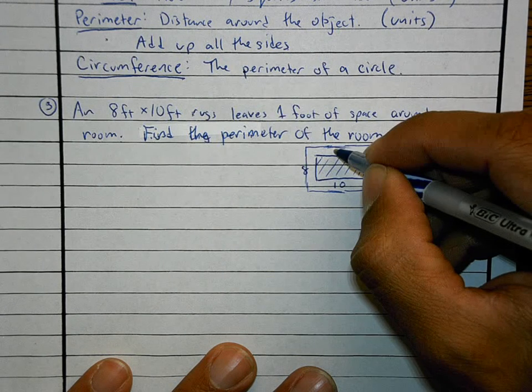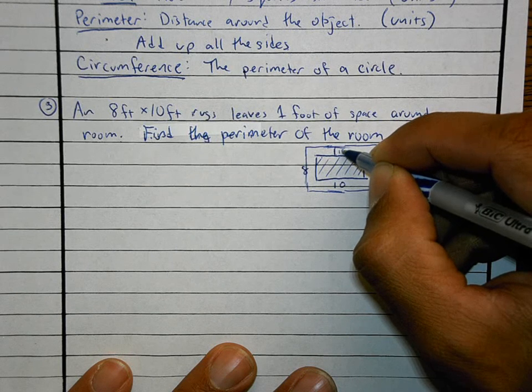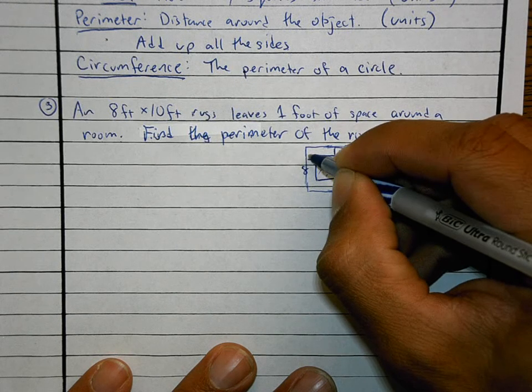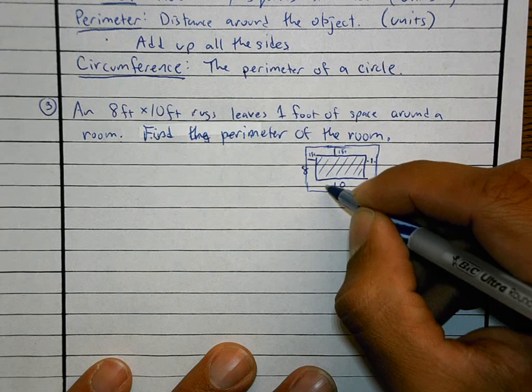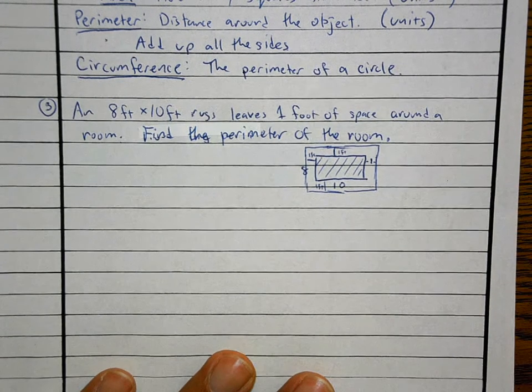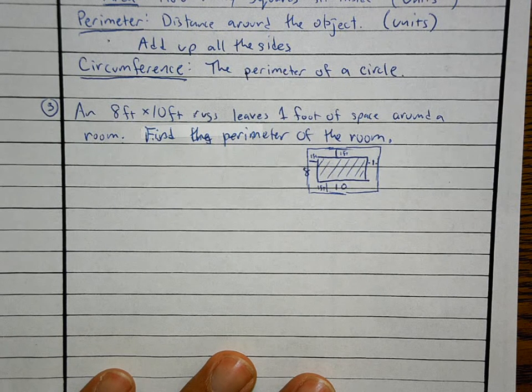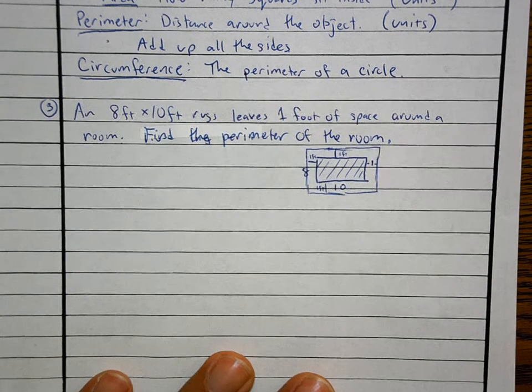Same thing on the top. From the top of the rug to the wall is 1 foot. And then from this side, it's 1 foot. And then from this side, it's 1 foot. So I just put a little 1 foot there as well. See how it works? The rug is 8 feet by 10 feet.